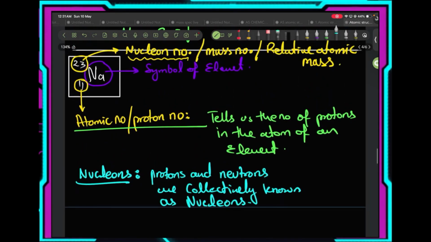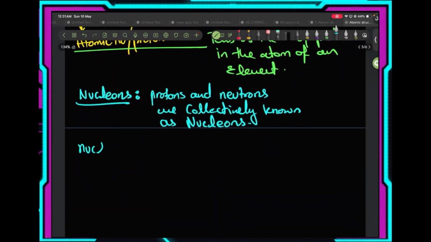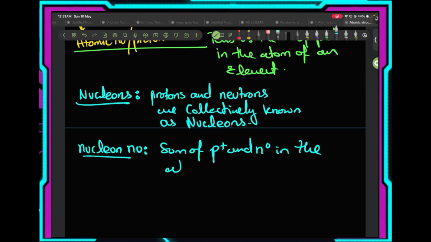Basically, the nucleon number, what does the nucleon number tell you? It tells you the sum of protons and neutrons in the atom of the element. So basically, it's the sum of protons and neutrons, the nucleon number.